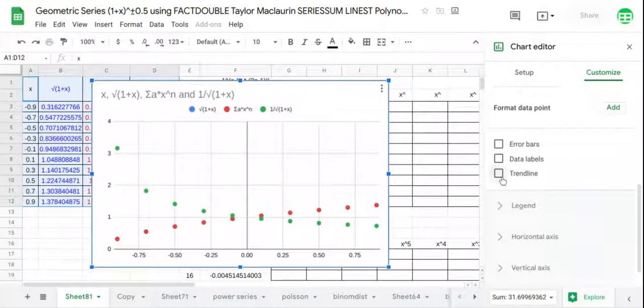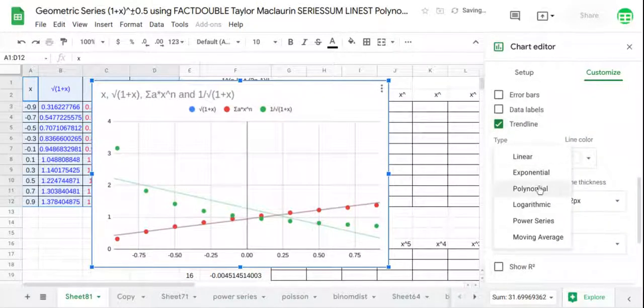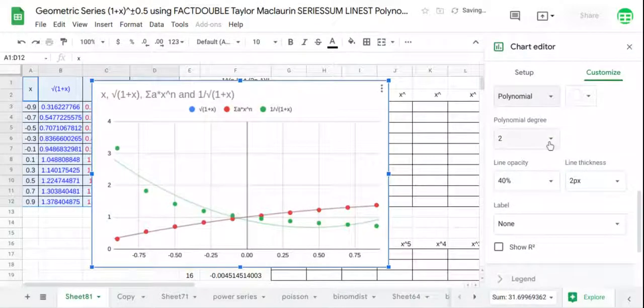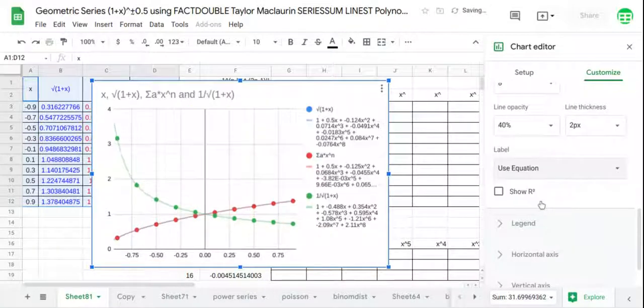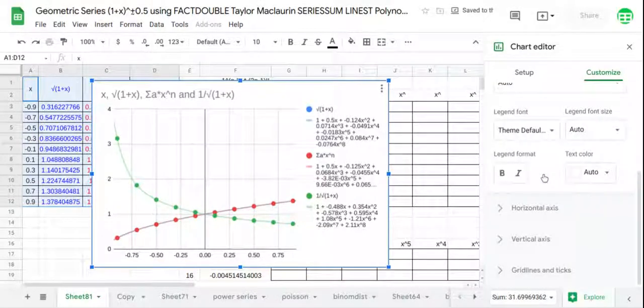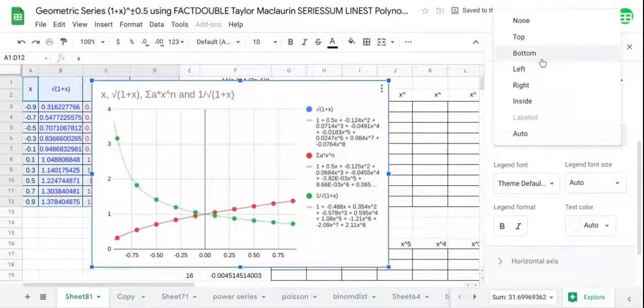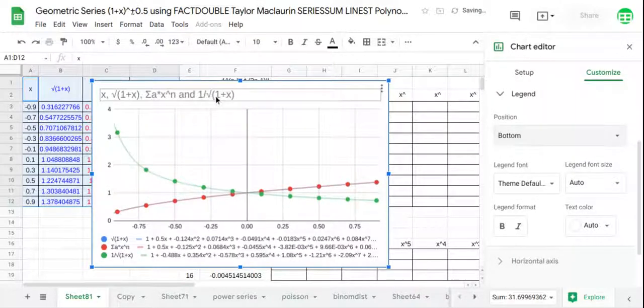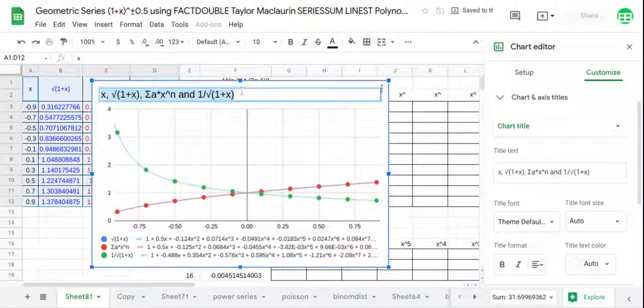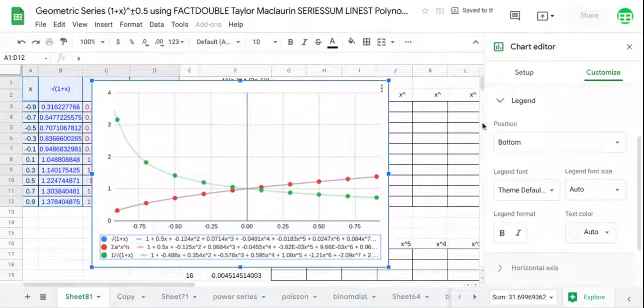We show the trend line. Polynomial to the 8th degree. For the label, use the equation. For the legend, position at the bottom. We don't need a title since we are reusing the equation as the label. And here's our polynomial.